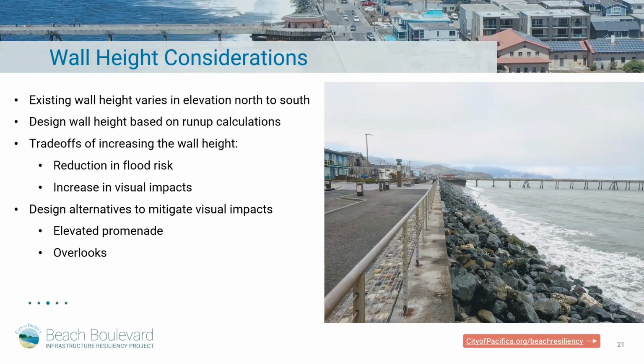I think Lucas is going to present some information later with ideas of, well, elevating the promenade. So as you increase the height of the seawall, you can also increase the promenade sidewalk along with it. There's also opportunities for overlooks and other amenities and approaches. But this is something that's going to be looked at in the next stages, during the CEQA process. It focuses on stuff like this, the visual impact. Next.